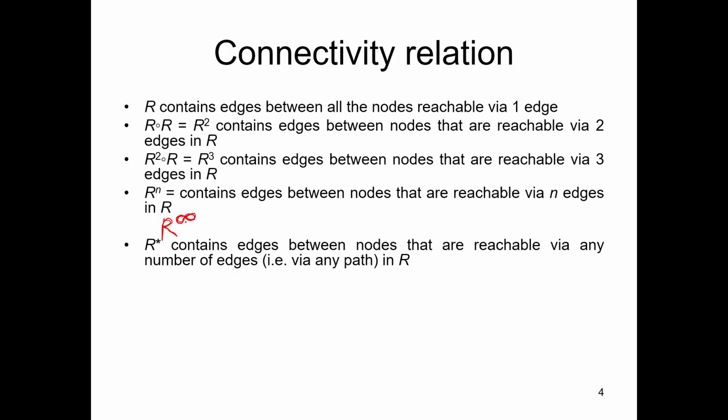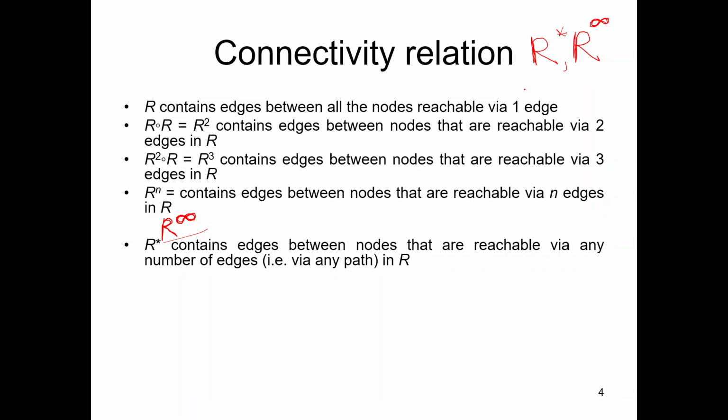R star or R infinity. Connectivity relation is indicated in some literature as R star, and in most literature it is also indicated by R raised to infinity. Okay, R star or R infinity, both are the notations used for connectivity relation.